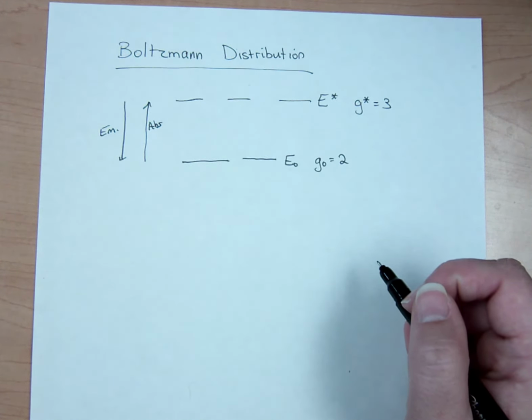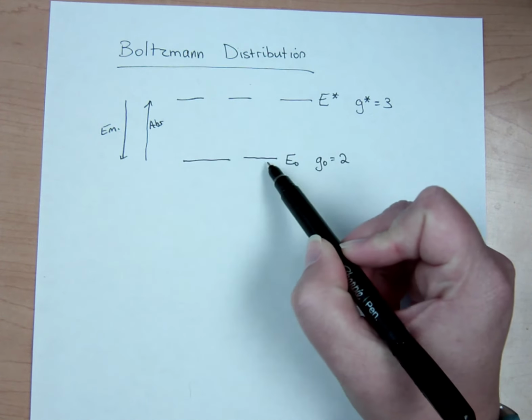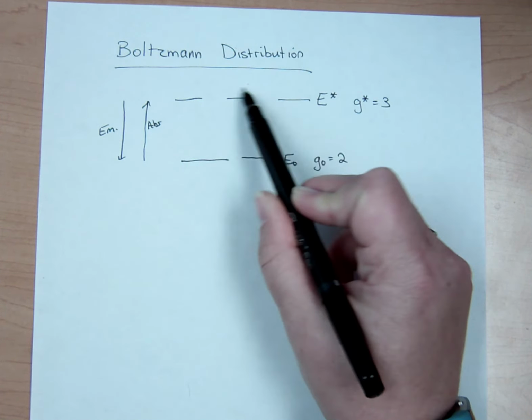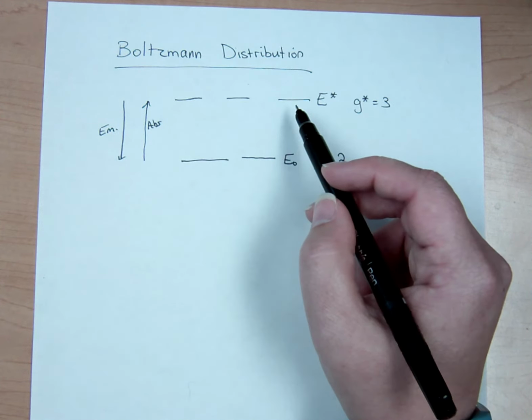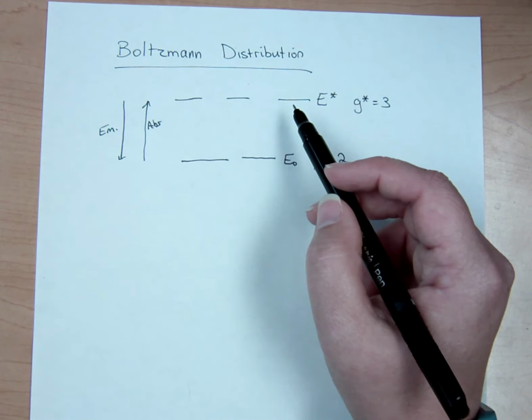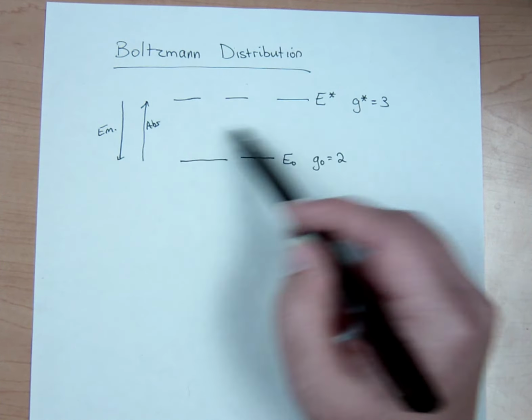Now, the Boltzmann distribution here is basically just going to describe the equilibrium between atoms that are in the ground state and atoms that are in the excited states. Okay, and ideally, if we're going to have an increased signal, we're going to need more atoms in the excited state.